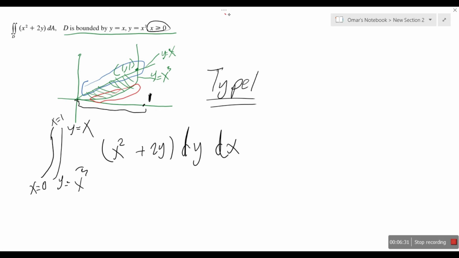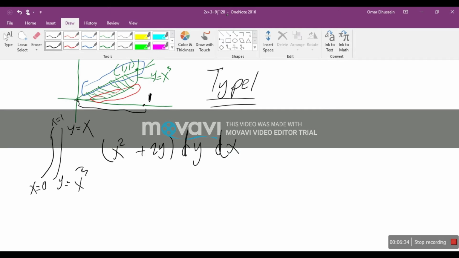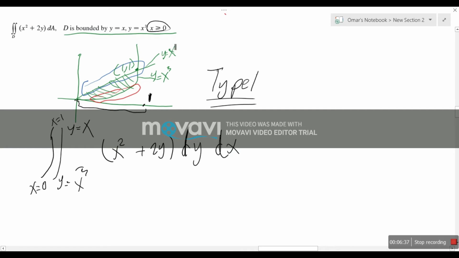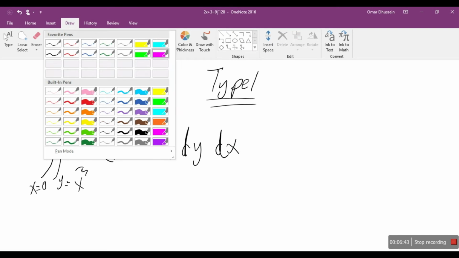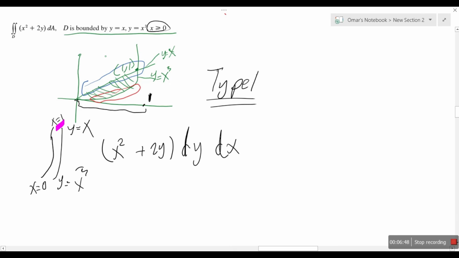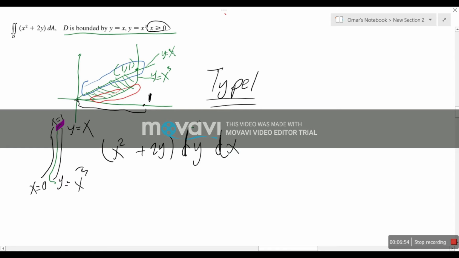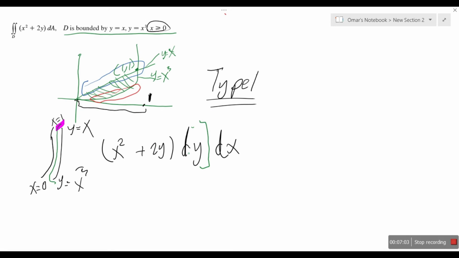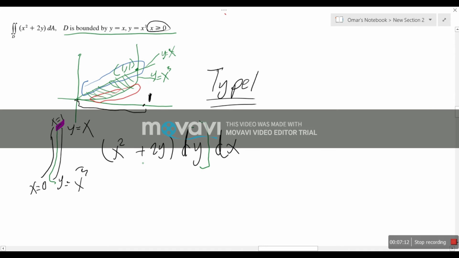Now, in order to evaluate this double integral, we just have to do this first. The integral with respect to y of x squared plus 2y from x to x cubed.